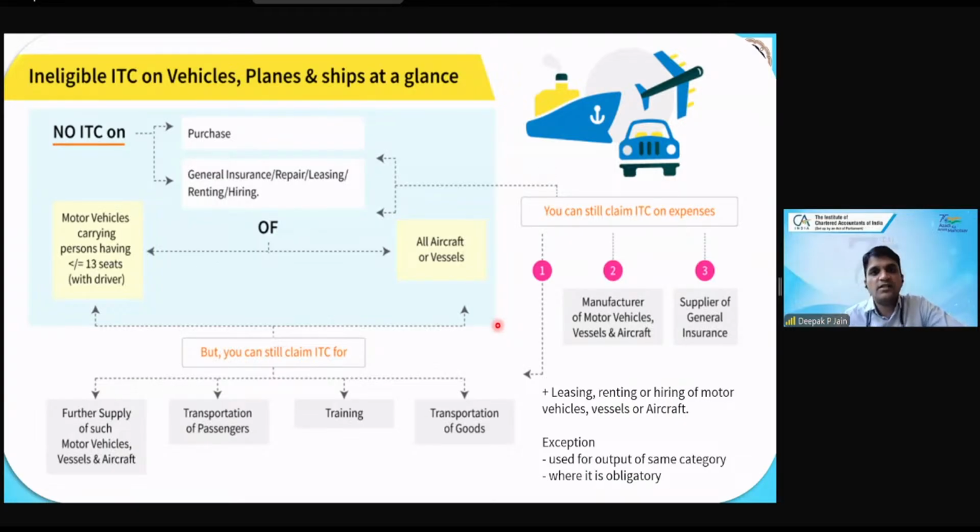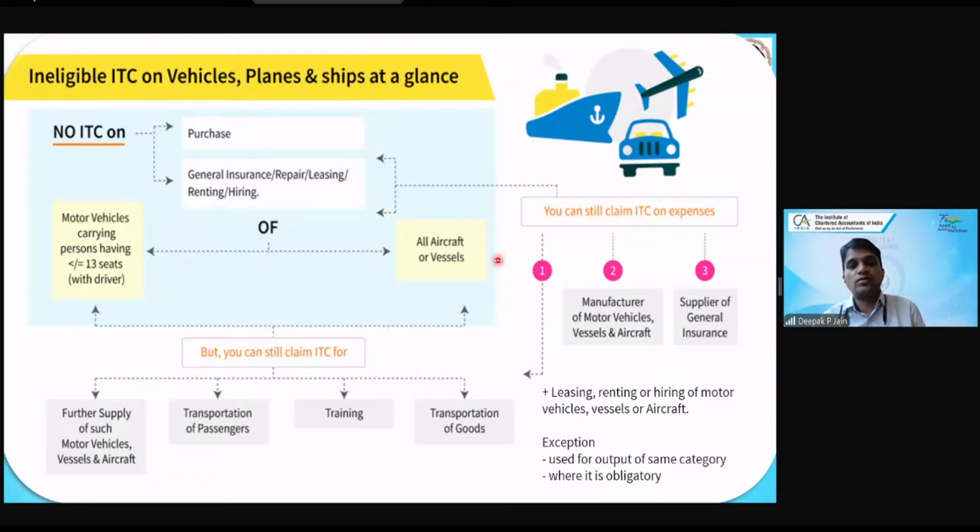No, vessels means ships, correct? So vessels in this context means any ships. So on ships you will not get the credit. On बर्तन के ऊपर आपको क्रेडिट मिलेगा if it is business use, right? घर के लाए हुआ बर्तन के ऊपर तो आपको क्रेडिट मिलेगा ही नहीं, because any personal use के ऊपर आपको क्रेडिट नहीं मिलता है, and it is not business.